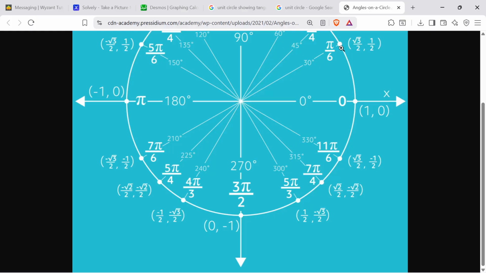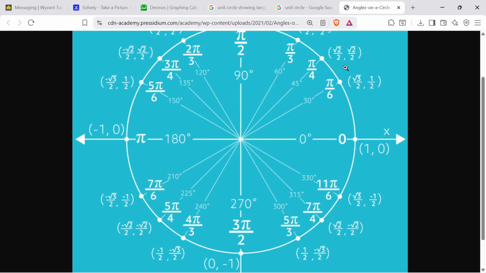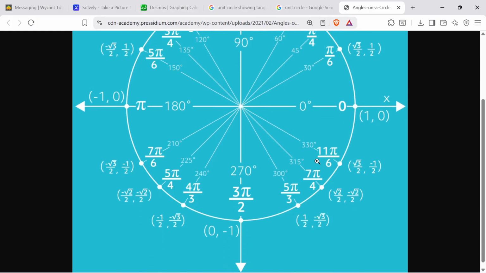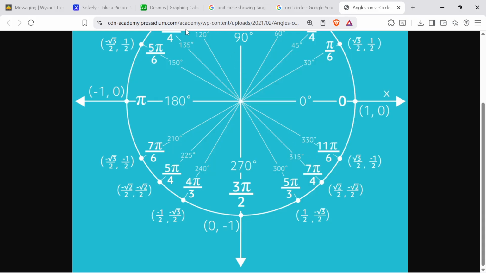And 5 pi over 3 would be negative square root of 3 over 2 divided by 1/2, which would be negative square root of 3. So there is no angle you'll find on the unit circle that has a tangent of negative 1/2.